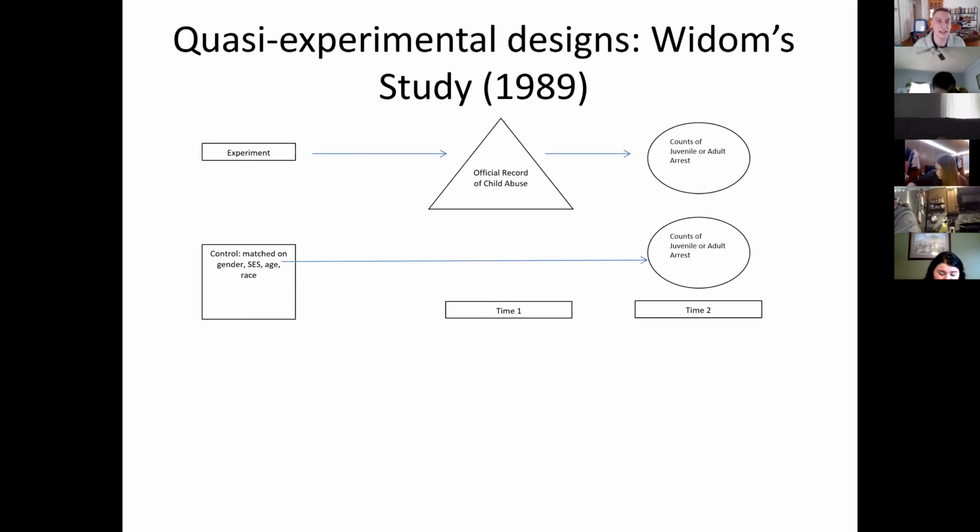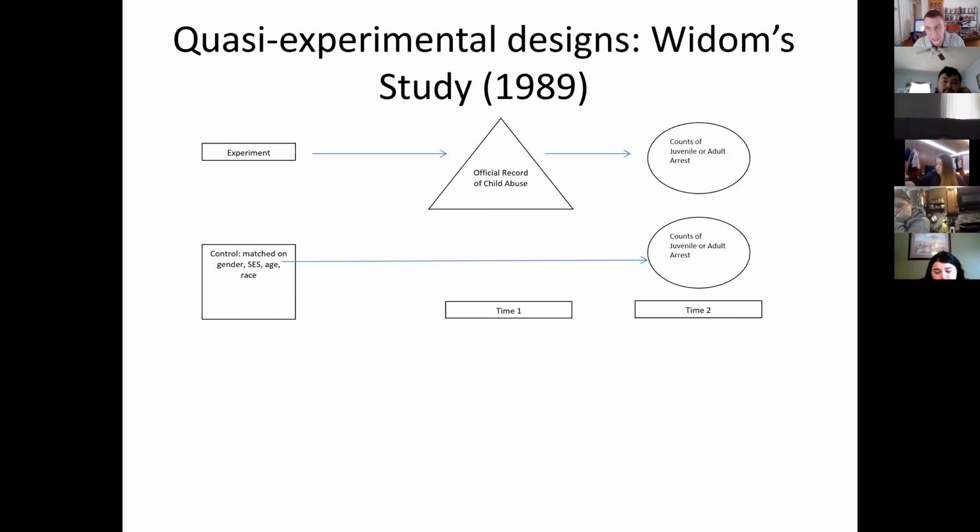So that's a type of quasi-experimental design, in the sense that no one's randomly assigned to being abused or not being abused. That's not what's happening. They're just matching them. They can do a really close match on gender, socioeconomic status, age and race, and then the only thing that's different between these groups of kids is whether or not they were abused.